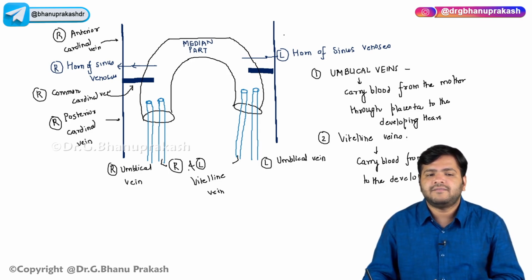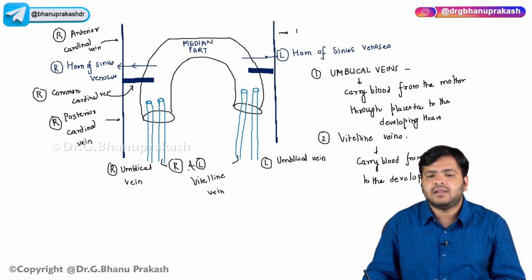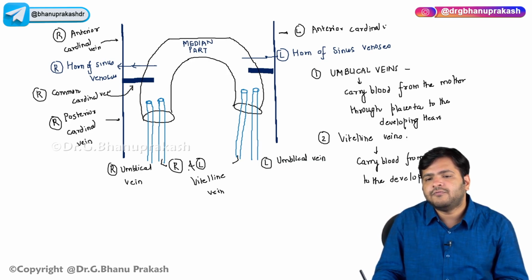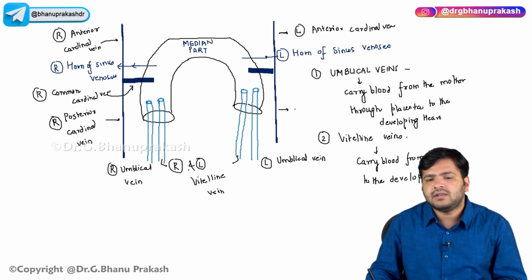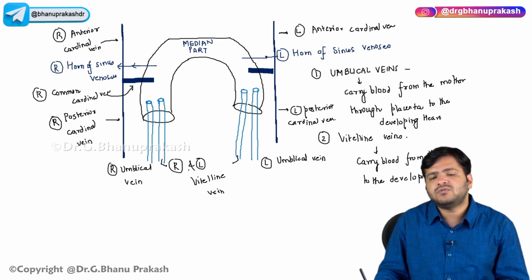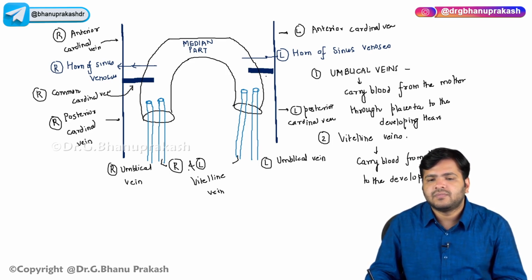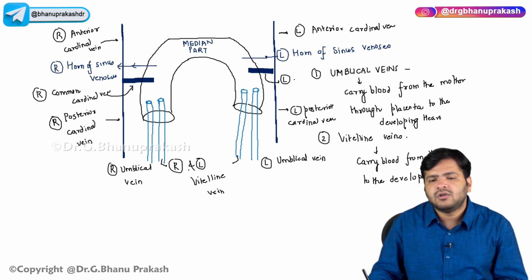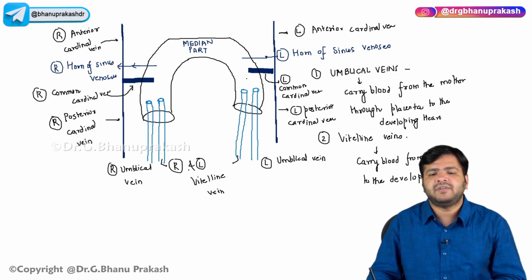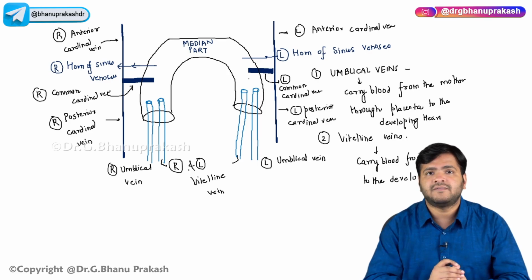Similarly, we have, yes, this is the left anterior cardinal vein. We have this left posterior cardinal vein, and they both will unite together to form the left common cardinal vein, and it will be draining into this left horn of the sinus venosus.